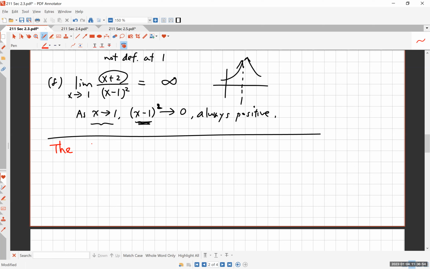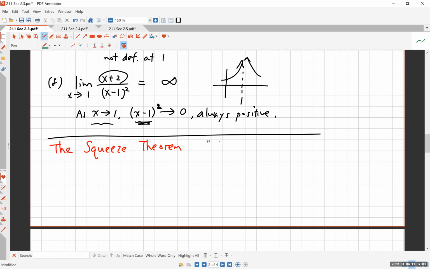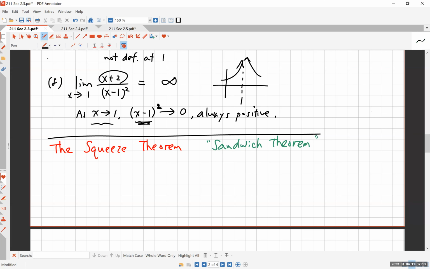All right, and the theorem that we will be using is called, let me give you the official name first, the squeeze theorem, more affectionately known as the sandwich theorem. You agree, this sounds better, right? I mean, sandwich sounds much more fun than squeeze theorem.